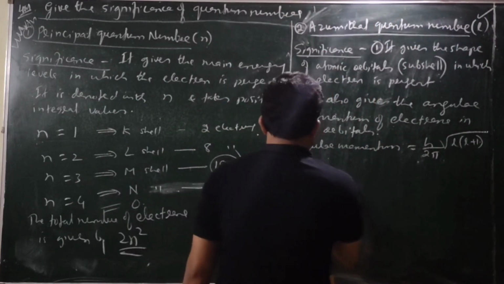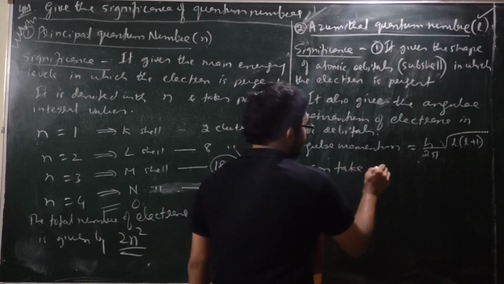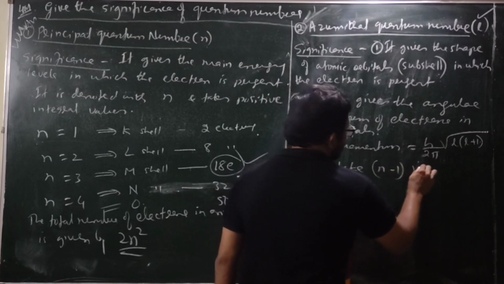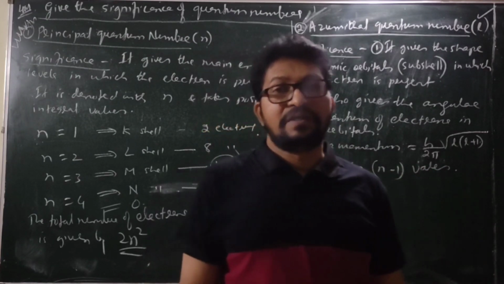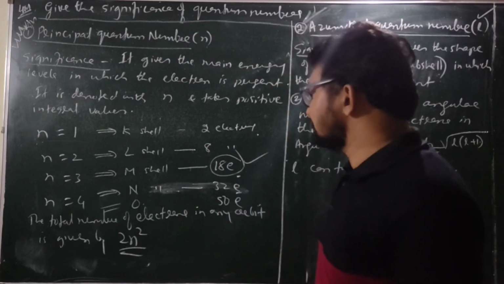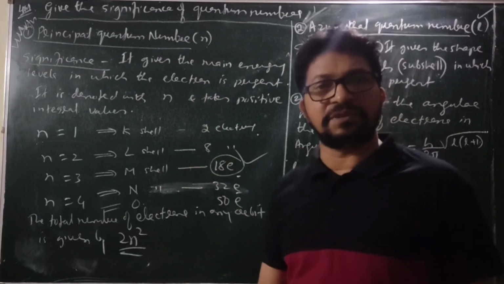Okay, next, L can take n minus 1 values. What is n? The principal quantum number.